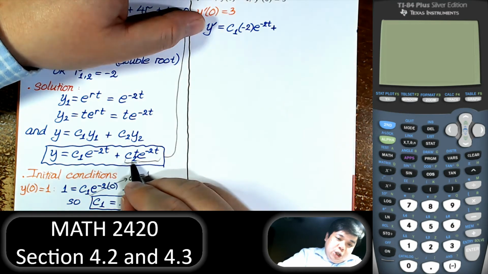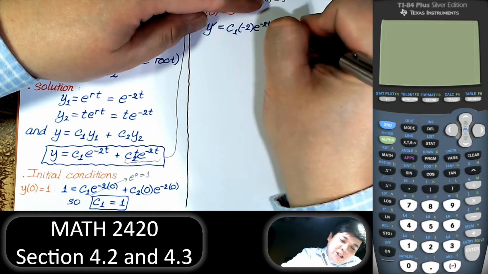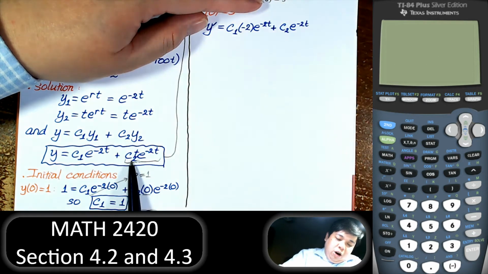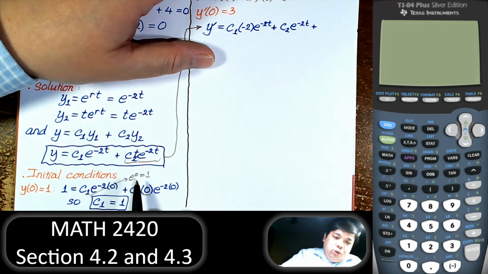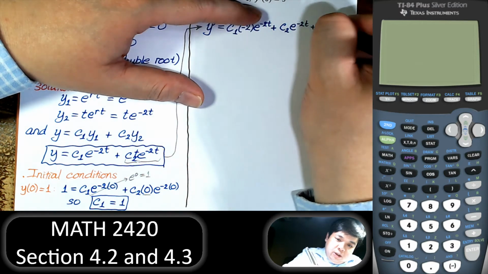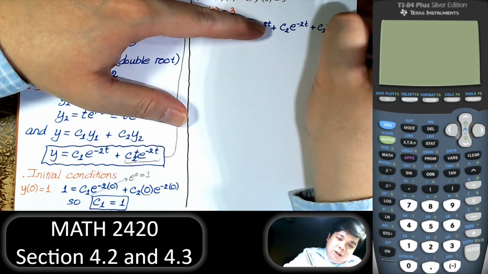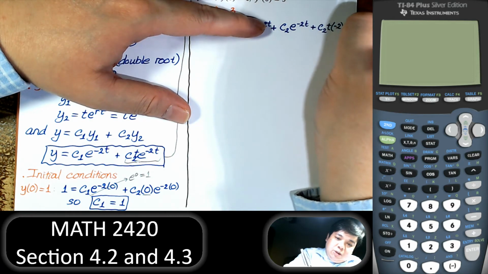Plus, u prime will be C2 e to negative 2t, so that is u prime v, then plus u v prime, negative 2 e to negative 2t.